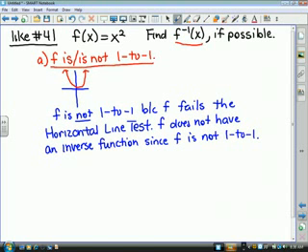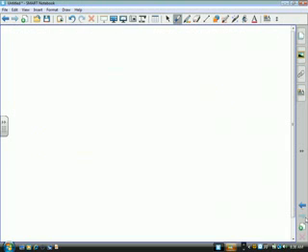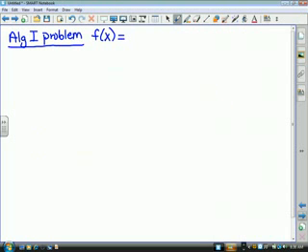So obviously we want to work some problems then that do have inverse functions, because those are the hard ones. Okay, so let's do an Algebra 1 problem then. The Algebra 1 problem with this is when it's linear. So let's do a linear one like (5x minus 7) divided by 3. And we want to find the inverse function.